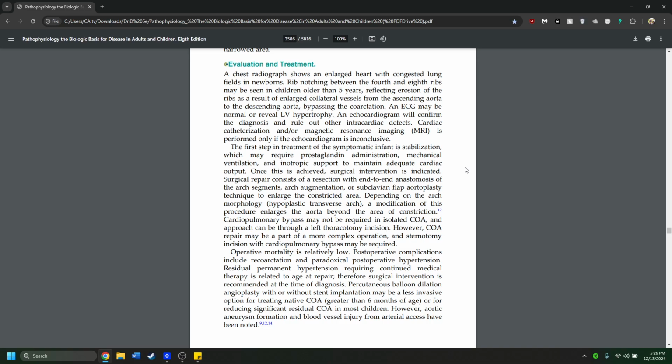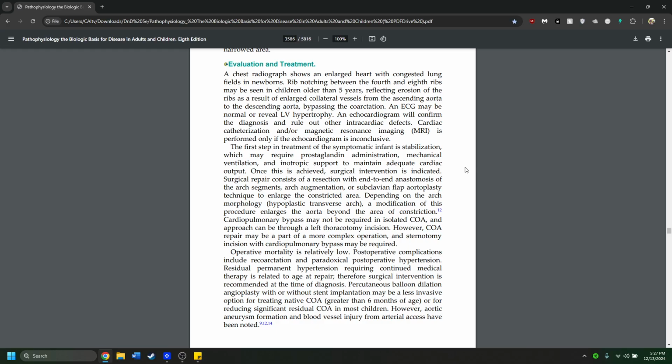A chest radiograph shows an enlarged heart with congested lung fields in newborns. Rib notching between the fourth and eighth ribs may be seen in children older than 5 years, reflecting erosion of the ribs as a result of enlarged collateral vessels from the ascending aorta to the descending aorta, bypassing the coarctation.